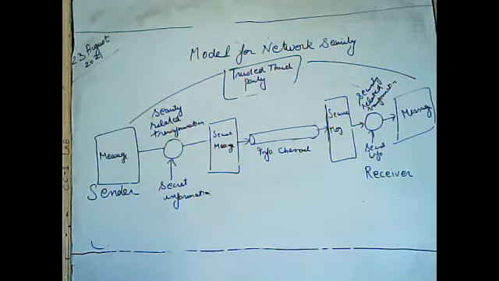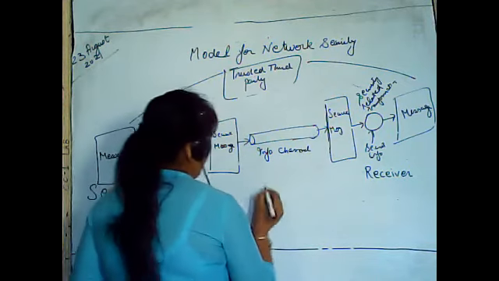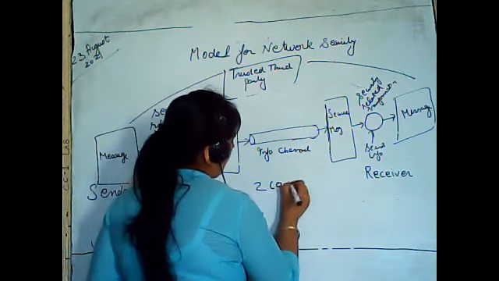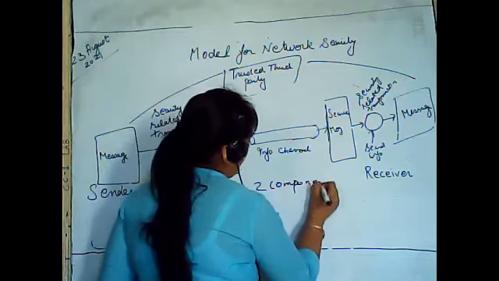So this was all about how we can define this security method, what model we are following for network security. All these techniques for providing security have two basic components that we require. Here, you just remember, two components are required.